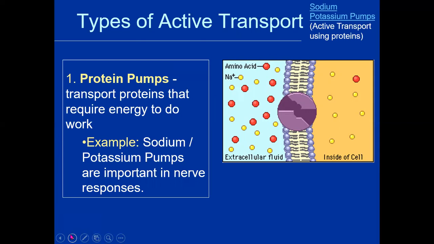So if you look at the drawing that is there, you will realize that there is more sodium inside the cell than outside the cell. So the normal should have been that the sodium that is more should go inside.